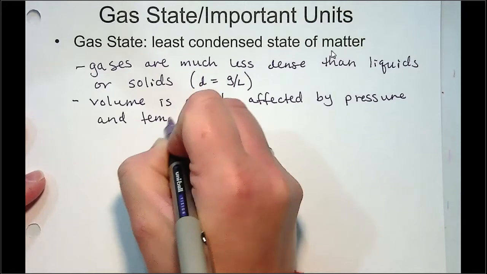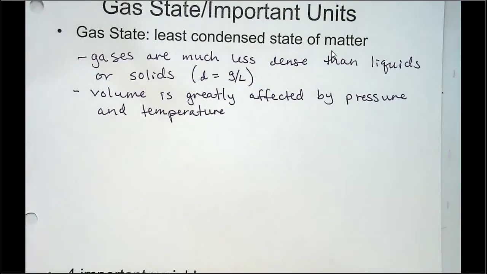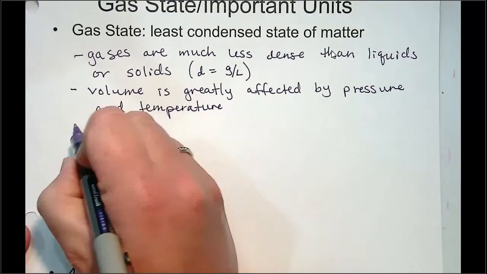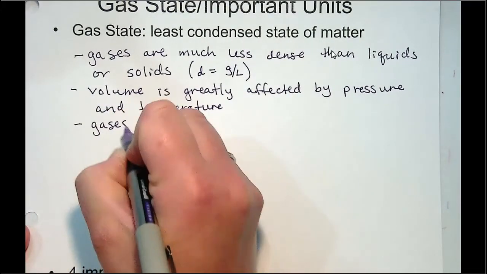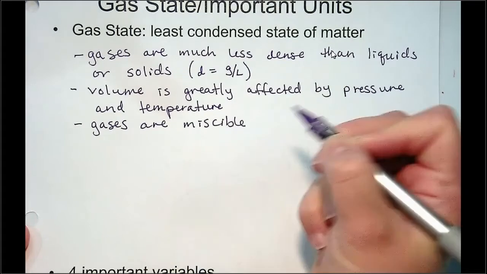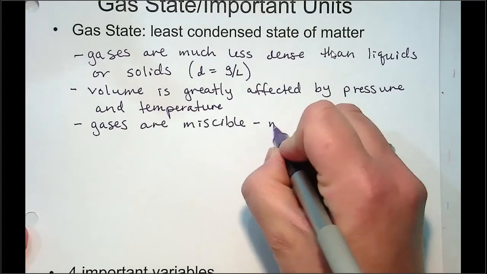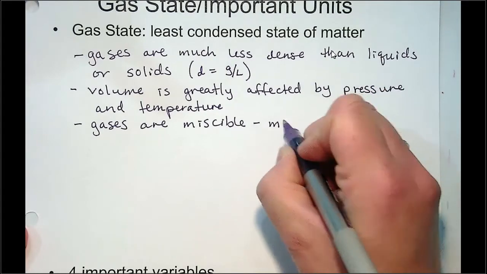Unlike other states of matter where the molecules are really close together, in a gas they're all really far apart, so the pressure and the temperature are really important. Another thing that's important about gases is that you can mix them easily with each other. So we say they are miscible. Miscible is a fancy word for mixable. I don't know why they didn't just call it that, but you can think of it that way.